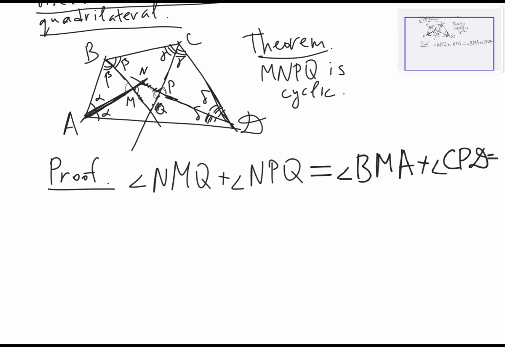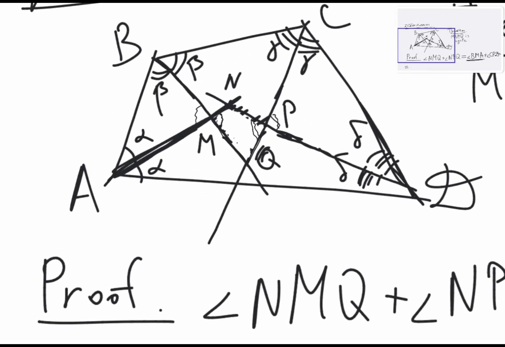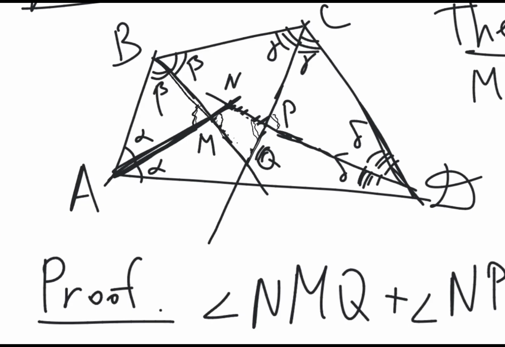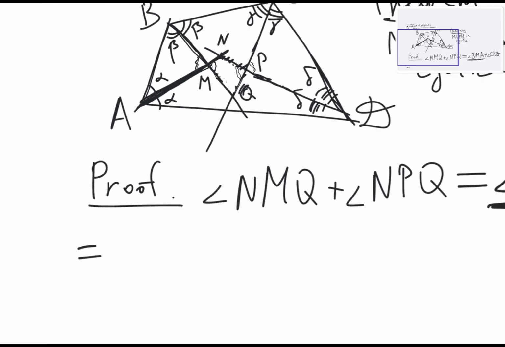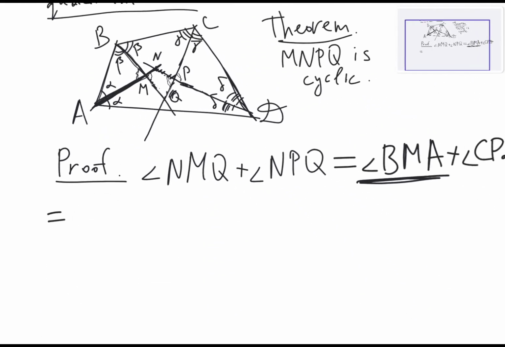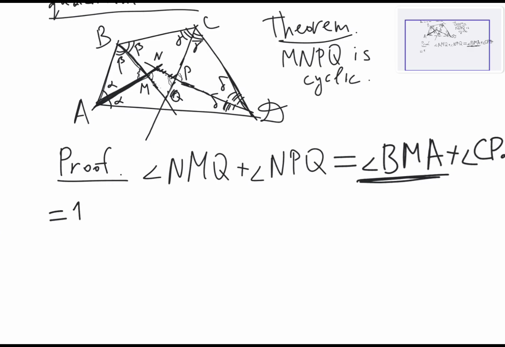Now the angle BMA, we are calculating it using the sum of the angles in the triangle ABM, right? The sum of all three angles is equal to 180 degrees. So this can be calculated as 180 degrees minus alpha minus beta.